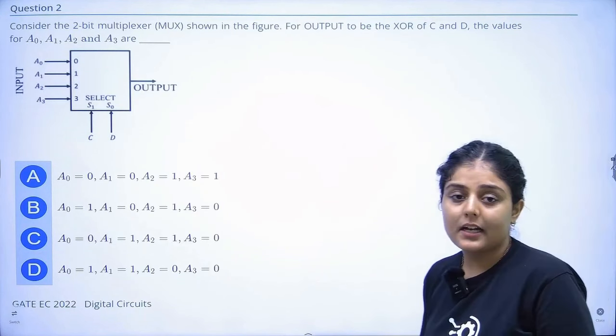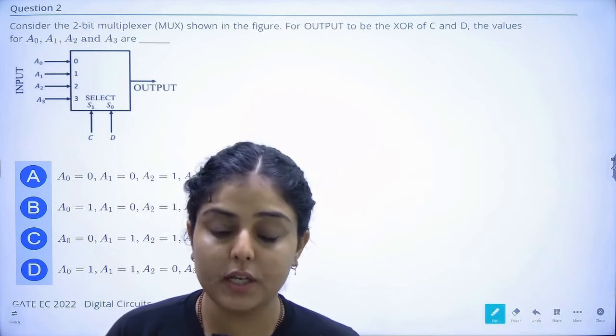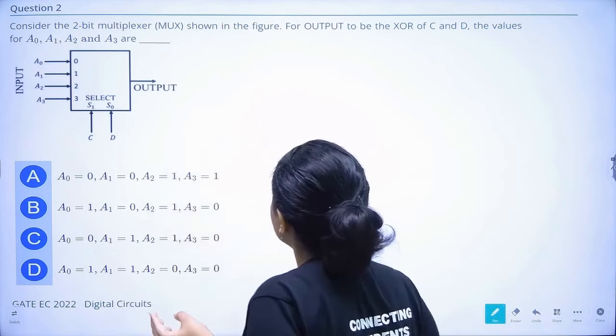Okay, to the next question. This again involves a type of multiplexer, a 4-to-1 multiplexer, meaning 2-bit select lines.